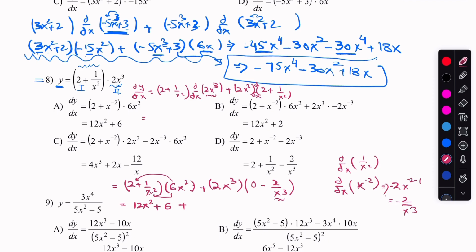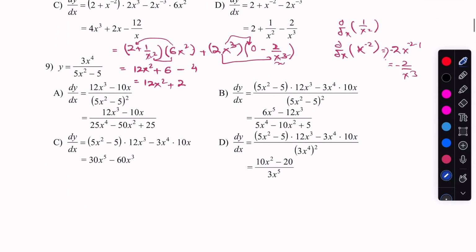Then this will multiply with the 0 and will become 0, and 2 multiplied by 2 with the minus sign, so minus, this will multiply with this, and x cube and x cube will be cancelled, so 4. So the answer is 12x squared, 6 minus 4, it's 2. So what is the correct answer? This. So B is the correct answer in that case.